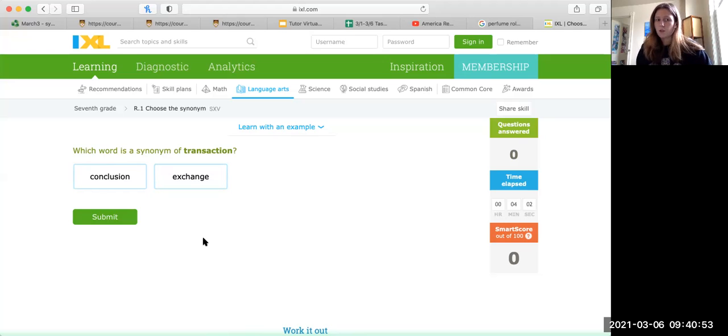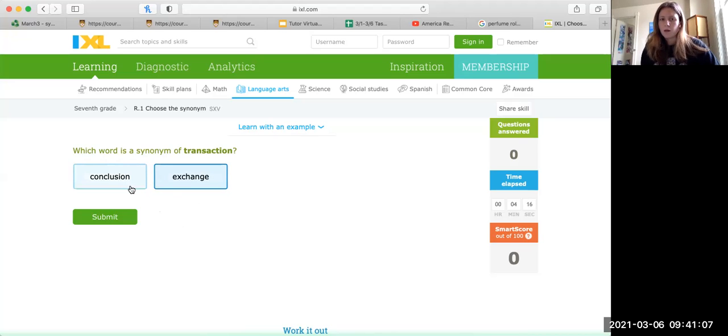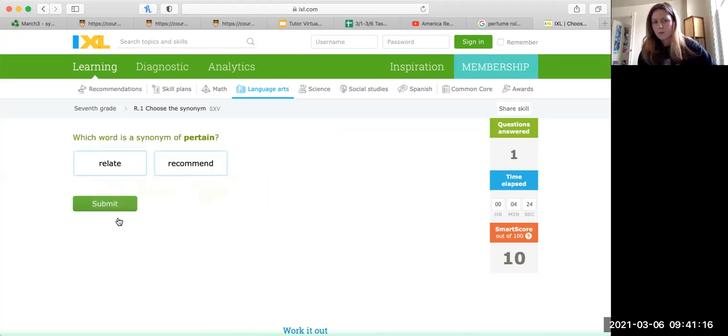So a synonym of transaction probably would be exchange, because I give them something and they give me something back, so it means relatively the same thing. And conclusion wouldn't really make sense. A transaction wouldn't mean that something's ending. So exchange would make the most sense.